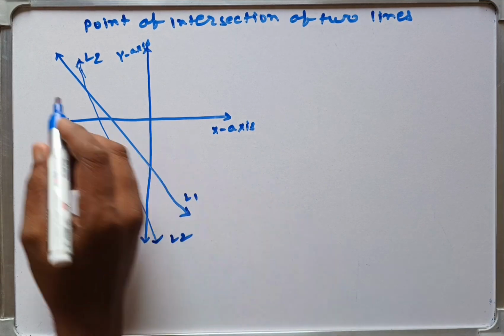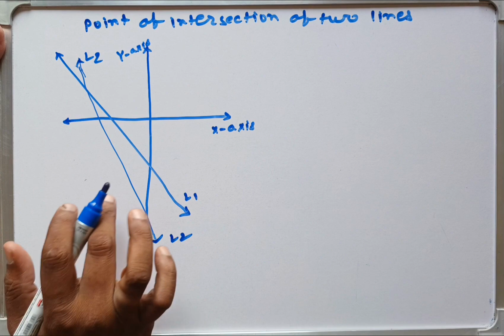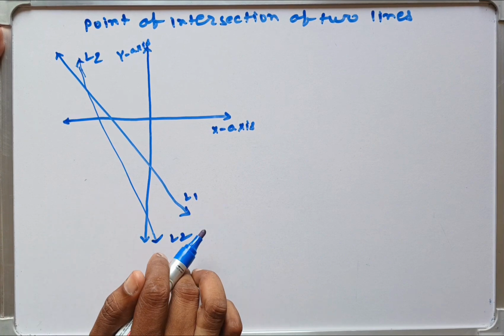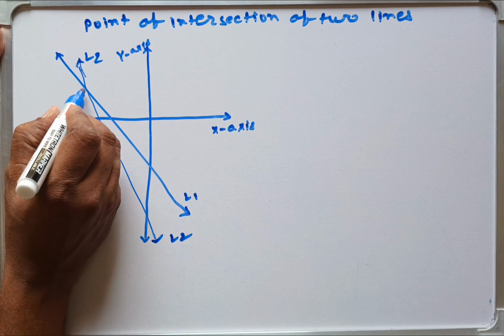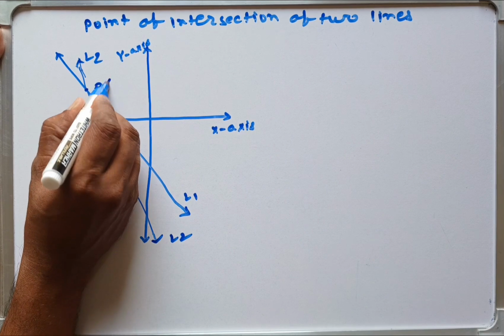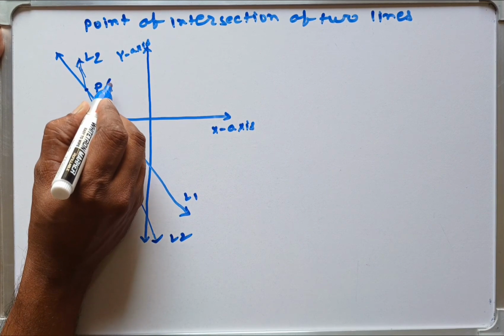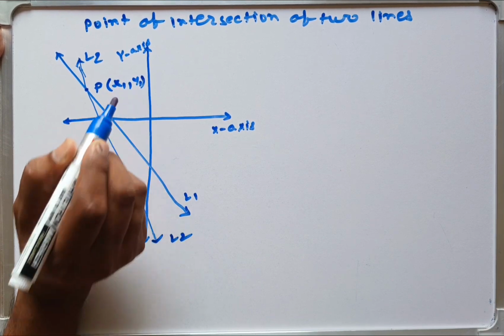Now you can see lines L1 and L2 cut each other at a point here. Say this point is P and its coordinate is x1, y1.